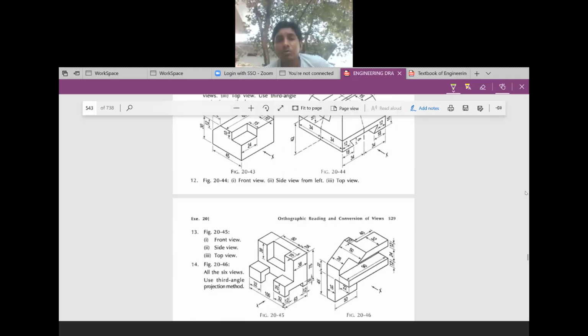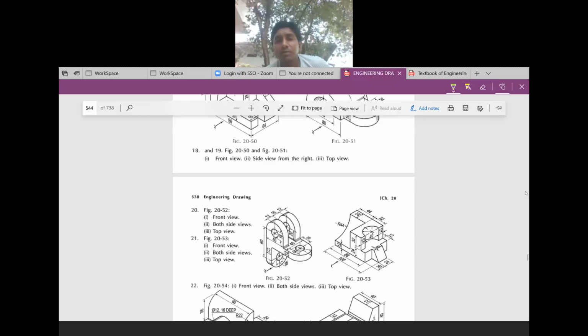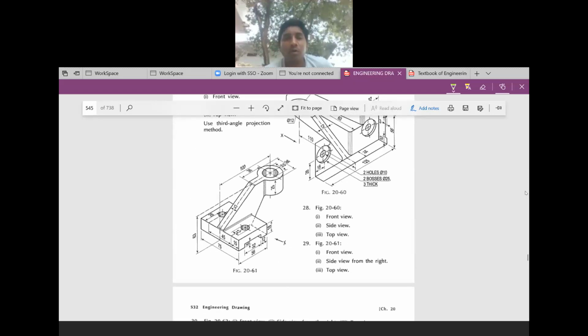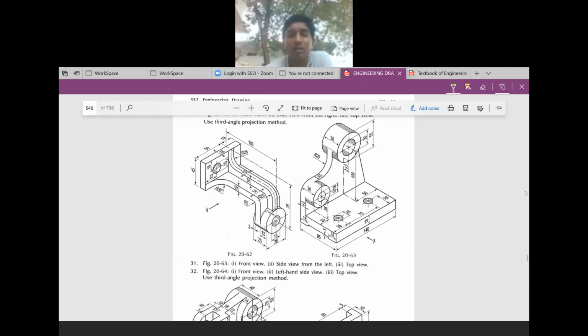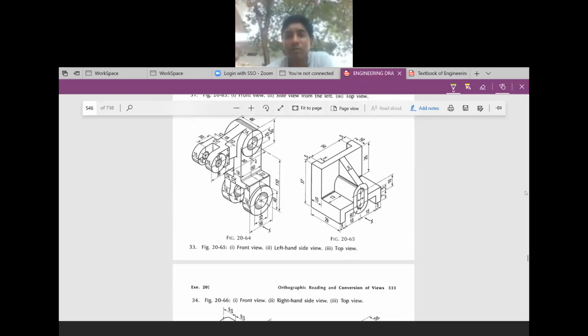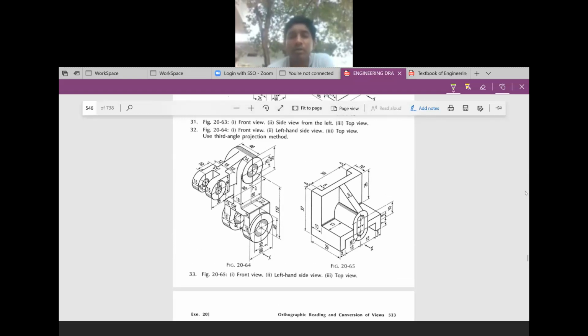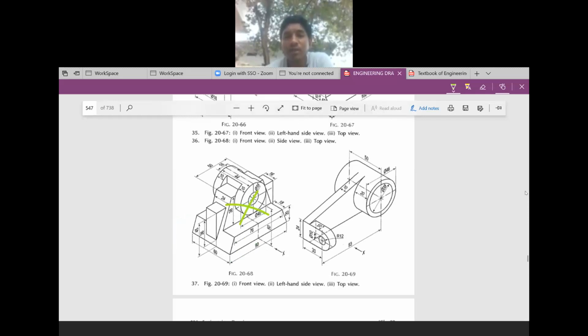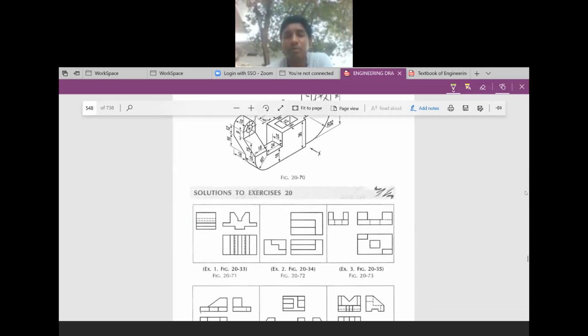This one is already drawn. Up to 23, then problem 29 is enough. Also 20.65 and 33. These types of problems they will ask in the exam. The maximum problems will be asked from these.